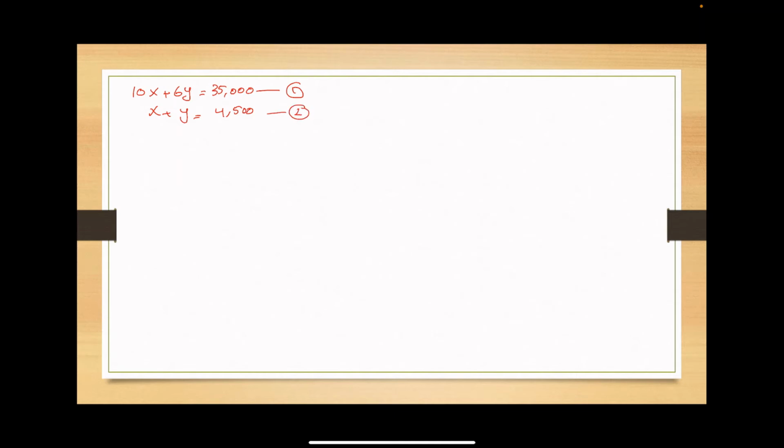Now we know two techniques to solve a system of linear equations. The first one is substitution. And we can use substitution here because we have a coefficient equal to 1 and another coefficient equal to 1. So I'll start from equation 2. In 2 we have x plus y equal 4,500.